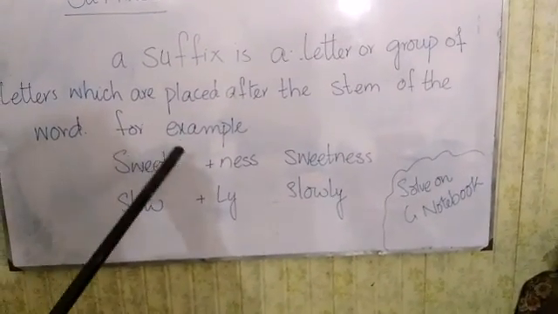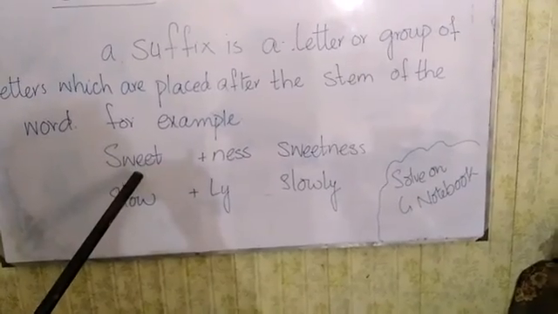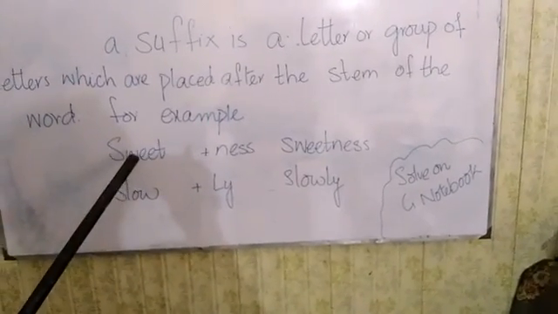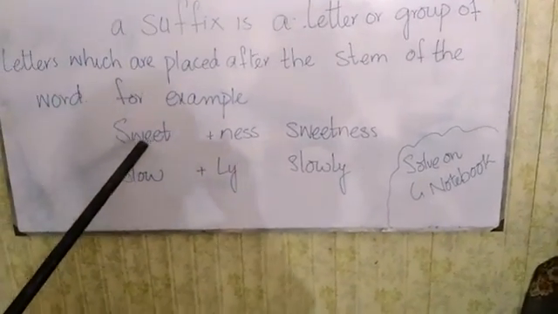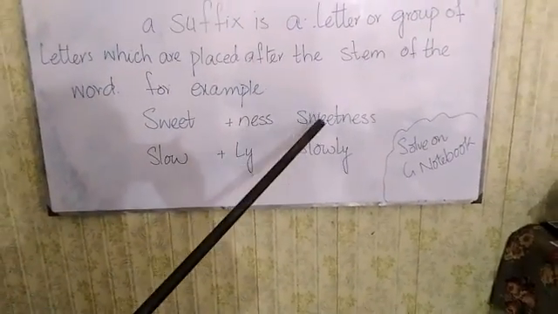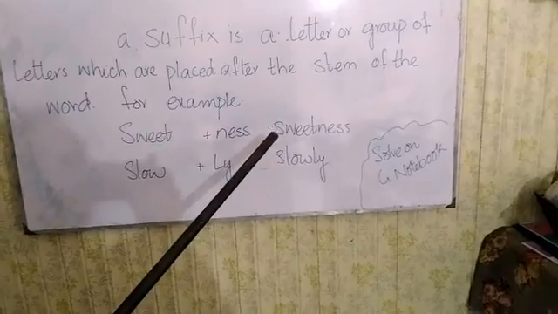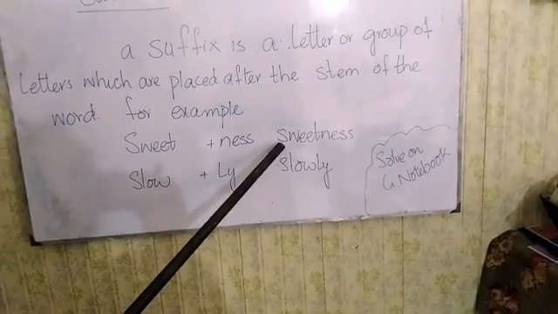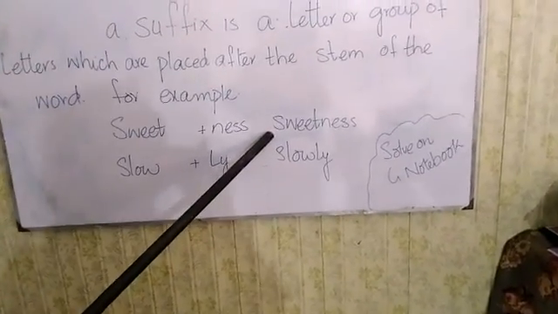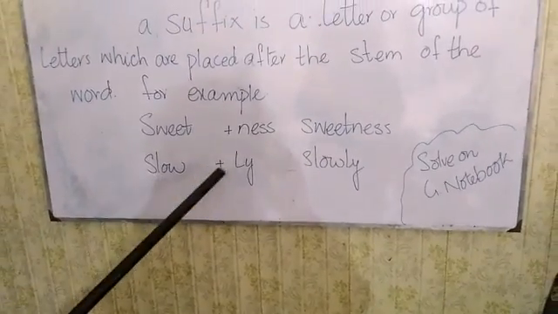For example, sweet. Sweet is an adjective. When we add ness, it becomes sweetness, and the status of the word also changes. It becomes a noun.